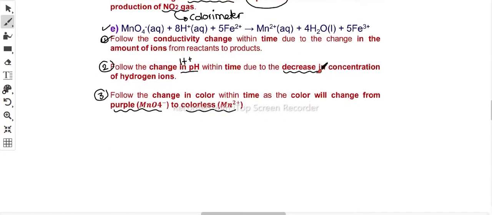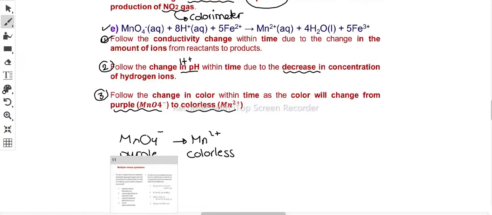For the kinetics chapter, this is one of them, the permanganate ion, MnO4. When it turns into Mn positive 2, it changes from the purple color into colorless. So you can keep this as a note.